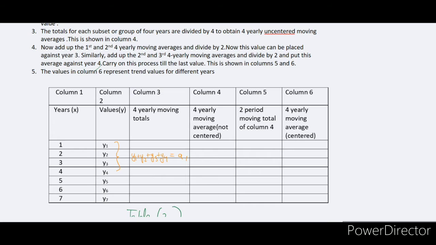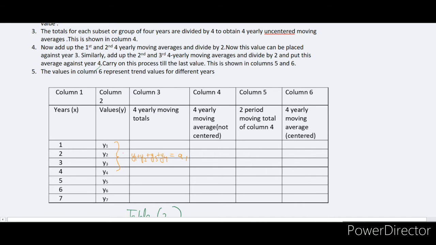Then we move to the next group of 4 years, which is 2 3 4 5. Again, we cannot find the middle point of this group, so the value will lie between the middle years, which are year 3 and year 4.